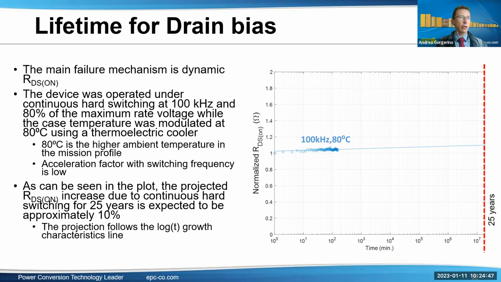So after 25 years, you're increasing RDS-on by 10%. There's no failure here. And especially if you remember the chart of losses I've shown, the conduction losses are actually a fairly small percentage of losses, at least in the hard switching application. So this is really not a concern under any operating conditions that we want to consider.